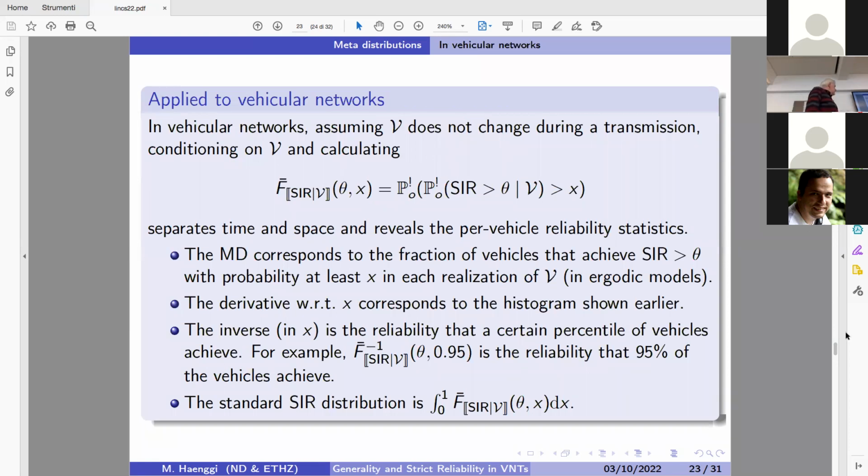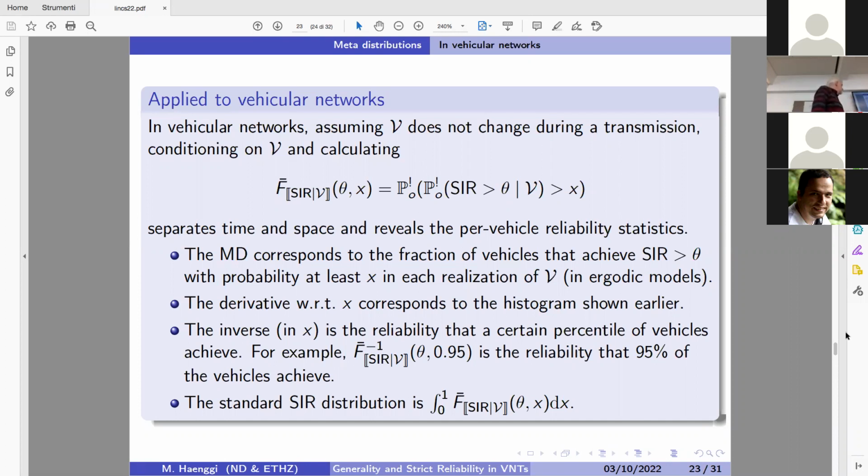So if we apply this now to the vehicular setting, if you assume the point process is constant for the time duration of a transmission, we get this double palm measure, which again separates time and space, and it reveals this per vehicle statistics that corresponds to the histogram before. So this quantity, this meta distribution, now indicates the fraction of vehicles that achieve an SAR of theta with probability of x in every single realization of the point process, thanks to ergodicity.